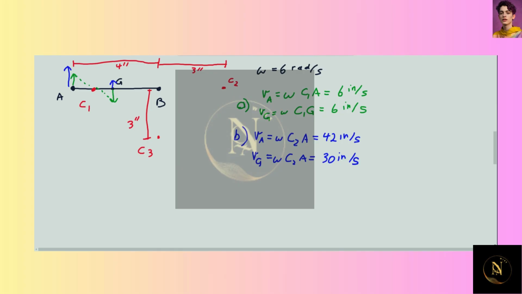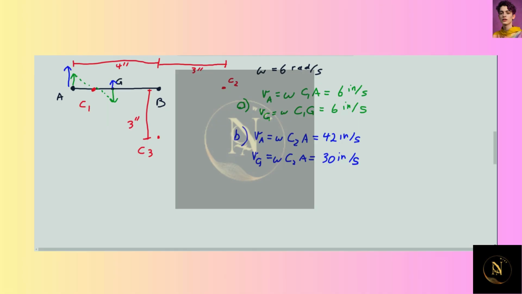And then the next thing we want to do is look at the slightly more complicated case where we're rotating about point C3. And I'm going to draw these velocities in black to try to differentiate them.